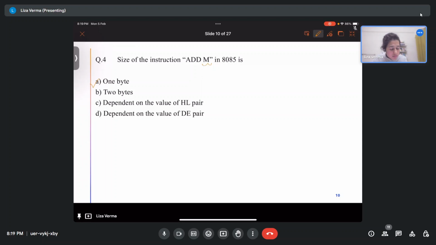Sorry, can you please repeat? When we say the size of the instruction, should we not include the opcode also? No, it's okay. Opcode is the instruction, operand is different.